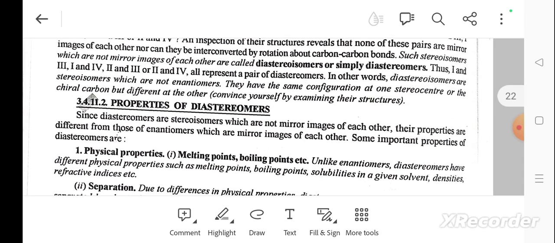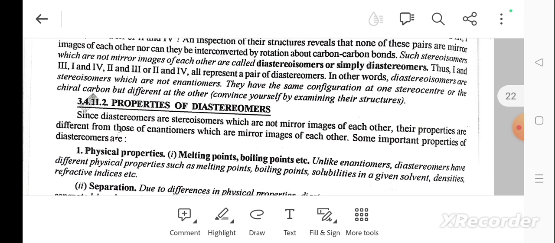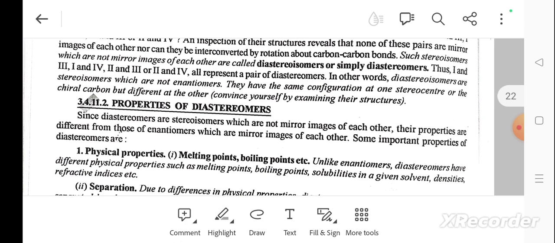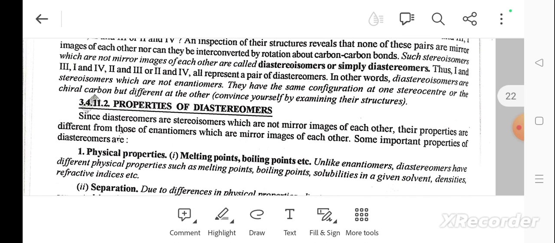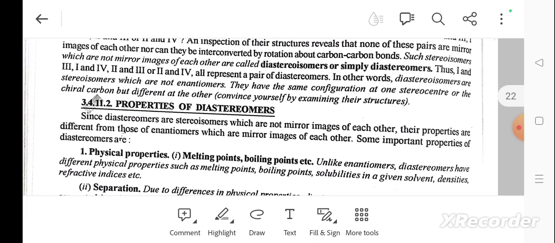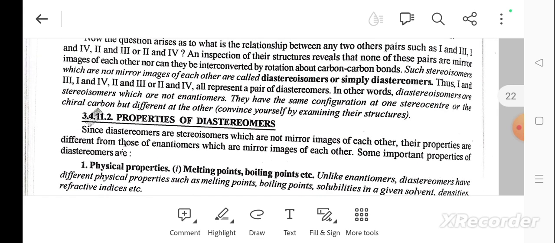Such stereoisomers which are not mirror images of each other are called diastereomers. Thus first-third, first-fourth, second-third, second-fourth represent pairs of diastereomers. In other words, diastereomers are stereoisomers which are not enantiomers. They have the same configuration at one stereocenter or chiral carbon but different at the other.